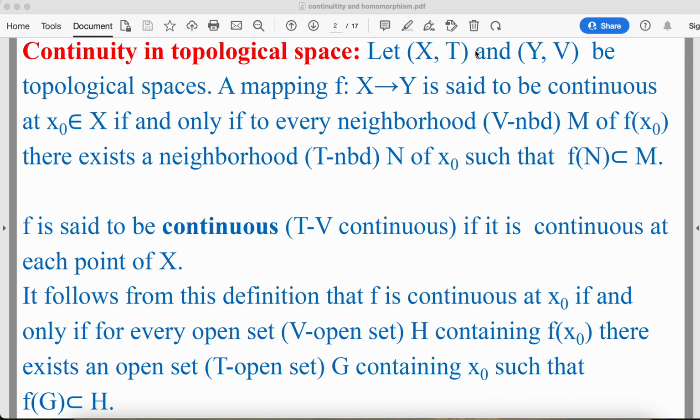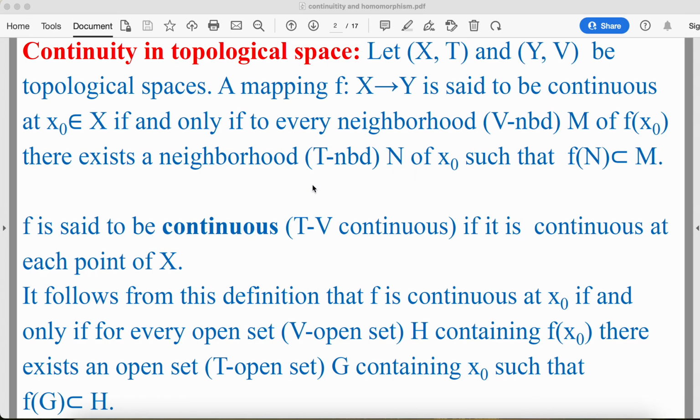If (X, τ) and (Y, ν) are two topological spaces, then a mapping f from X to Y is said to be continuous at a point x0 belonging to X if and only if for every neighborhood M of f(x0), where f(x0) is the image of x0 under f, which is in Y, there exists a neighborhood N of x0 such that f(N) is a subset of M. We also call M a ν-neighborhood and N a τ-neighborhood of x0.